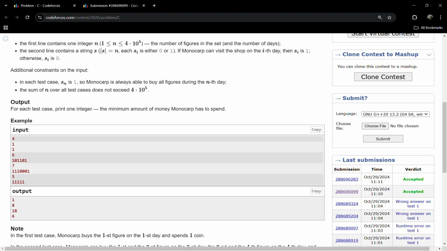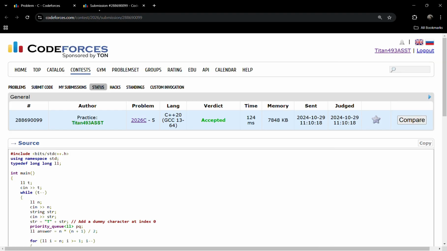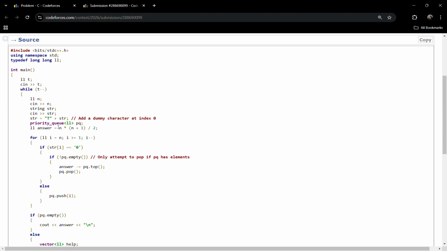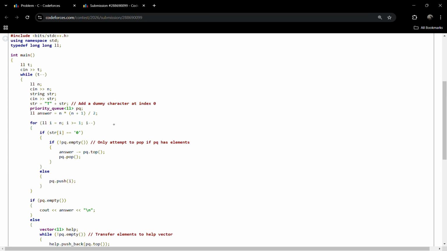So let us head to the code. See, the implementation is pretty easy. You'll just declare a priority queue pq, and our maximum answer, 1 plus 2 plus 3 plus 4 and so on up to n, will be n into n plus 1 by 2. And whenever I can reduce an index from our answer, I will reduce it.